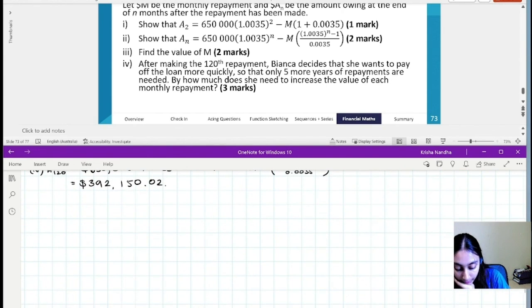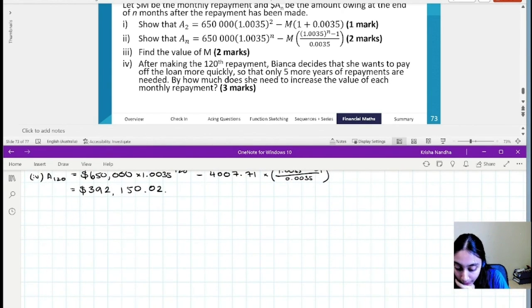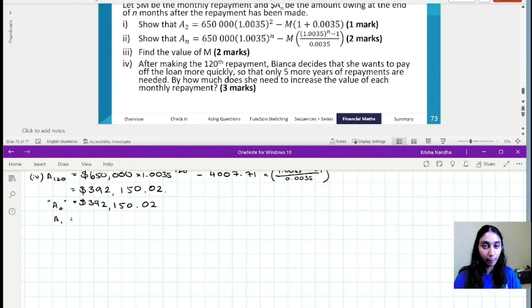And so now our A0, I'm going to put in quotation marks almost, will be equal to $392,150.02. So A1, we're going to go through this whole pattern making shebang again. A1 will be equal to A0 times 1.0035 minus M.